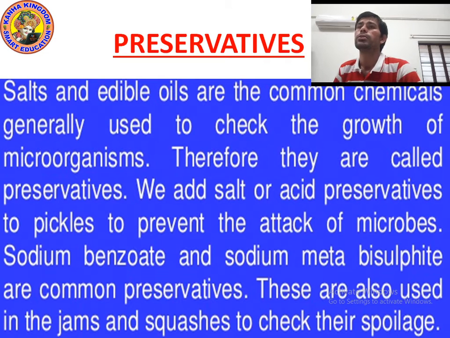Okay, you can see on the screen what I have written. If you have not written, you can write it down. Salt and edible oils are the common chemicals generally used to check the growth of microorganisms. If edible things become worse and rot, the reason behind it is the increase of microorganisms.